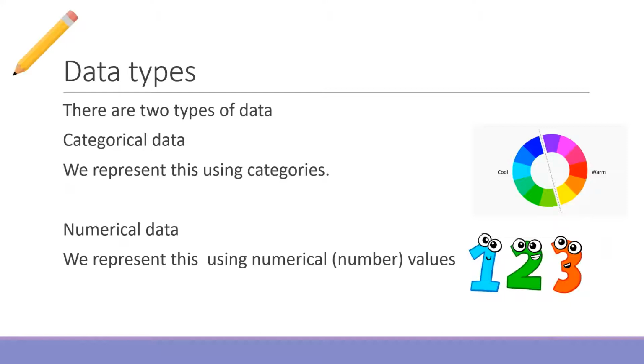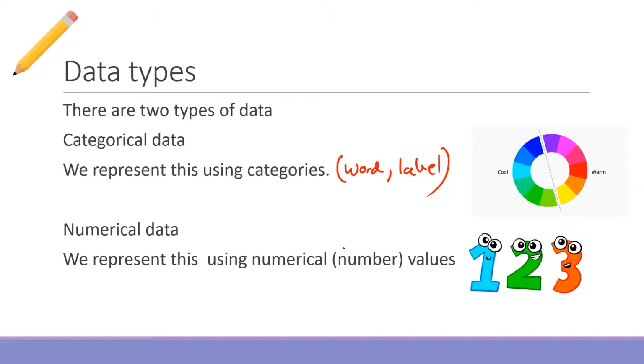Now, categorical data, we represent this using categories. A category in this type of context usually just means a word, or I prefer a label. Whereas numerical data is the other type. It's like the contrast to this.